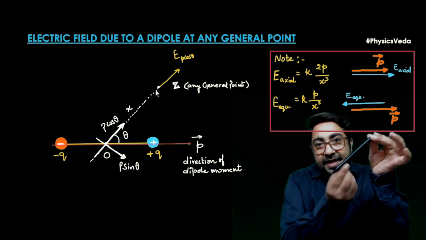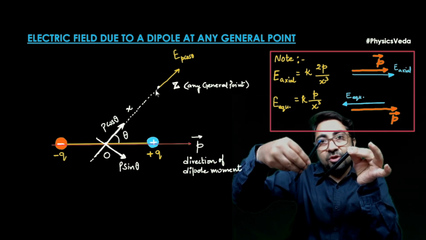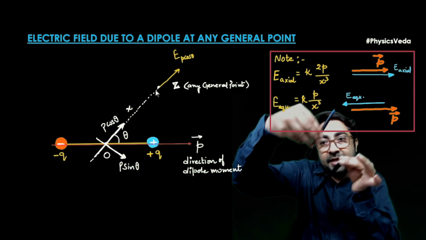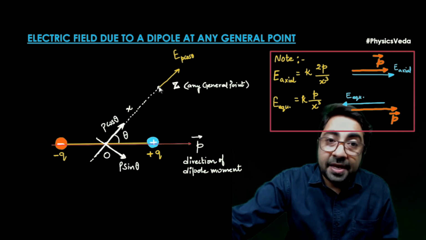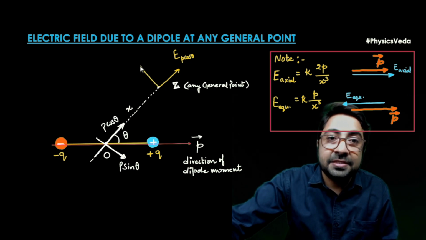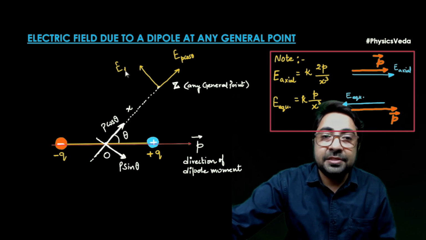So this is the direction of p sin theta. So what will be the direction of net electric field? That is in its opposite direction. So here I can mark the electric field intensity due to the p sin theta. So this is the electric field intensity due to the p sin theta.